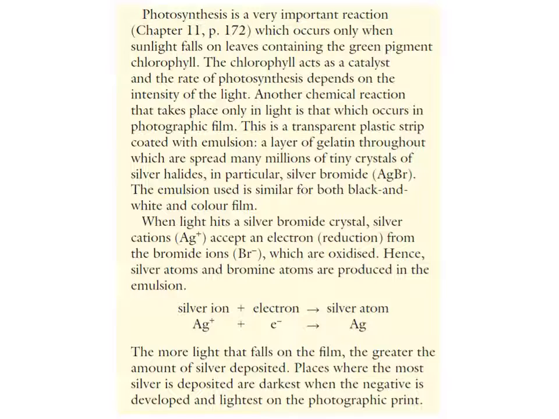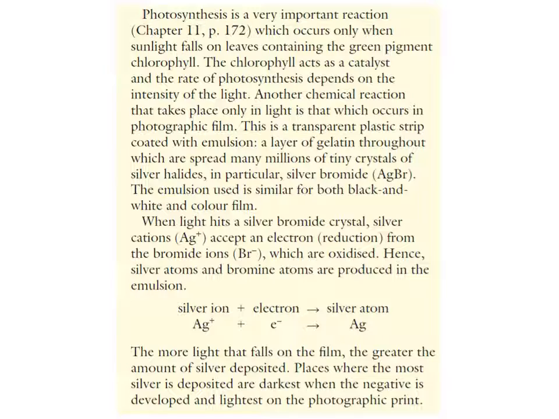This is a transparent plastic strip coated with emulsion and a layer of gelatin, throughout which are spread many millions of tiny crystals of silver halide. Especially silver bromide is used here, and the emulsion is similar for both black and white and color film.